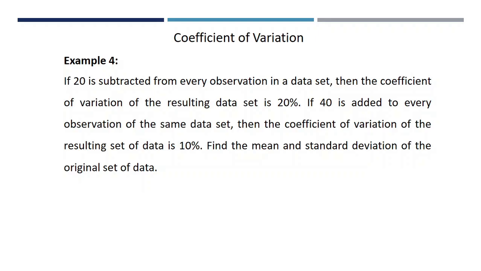So here we are given an original set, and for each observation we subtract 20; for the new set the coefficient of variation is 20. For the initial data set, we add 40 to every observation, and then the coefficient of variation is 10. We have to find the mean and standard deviation of the original data set.